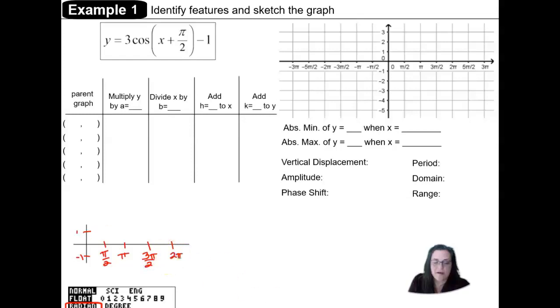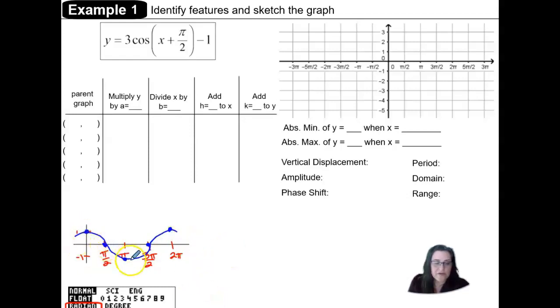So for the parent graph of cosine, if you recall, we start at a y-intercept of 1, that's the maximum. Then pi over 2 is a 0, pi is the absolute minimum, 3 pi over 2 is a 0, and at 2 pi, we're back at the max, that's coterminal. So one cycle of the parent graph of cosine from 0 to 2 pi looks like this.